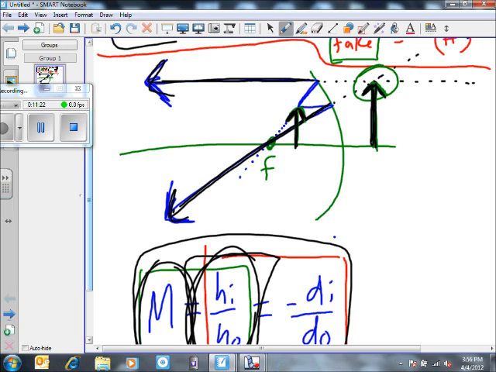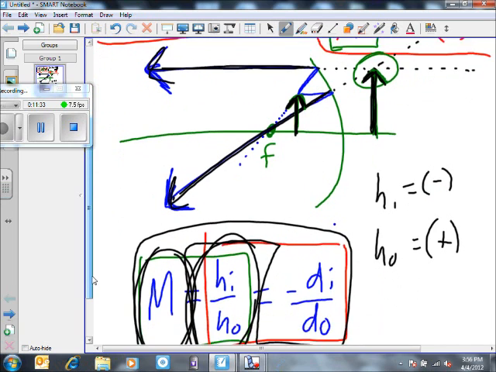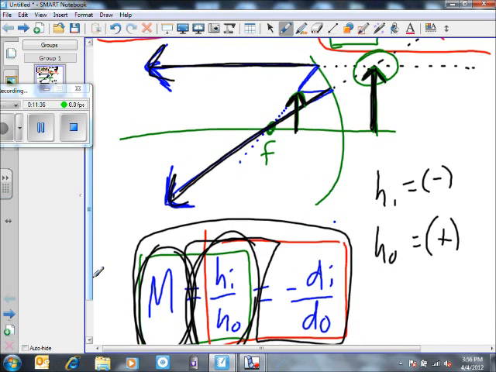So only when your h_i is a negative number and your h_o is a positive number, that means that they're on the opposite sides of the principal axis, like our last picture. So if I had an object here and I ended up having an image here, then this would be a positive for the height of the object, and then this would be a negative for the height of the image. And it just means it's on the opposite sides of the principal axis. Okay.